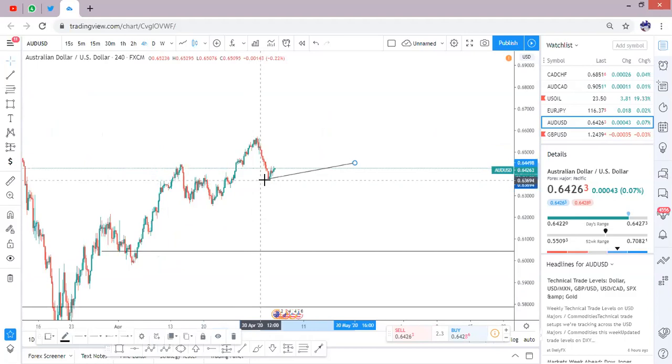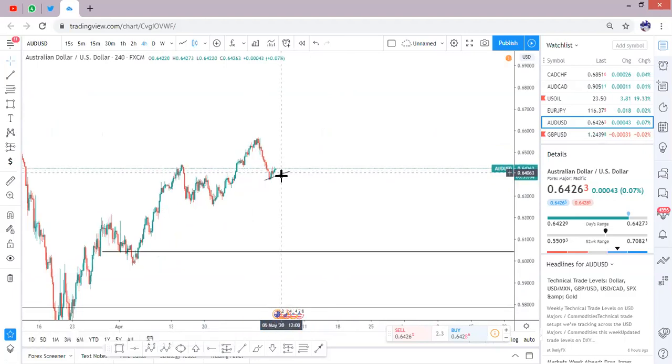You can see on the 4 hour, we are having that correction to the upside already.